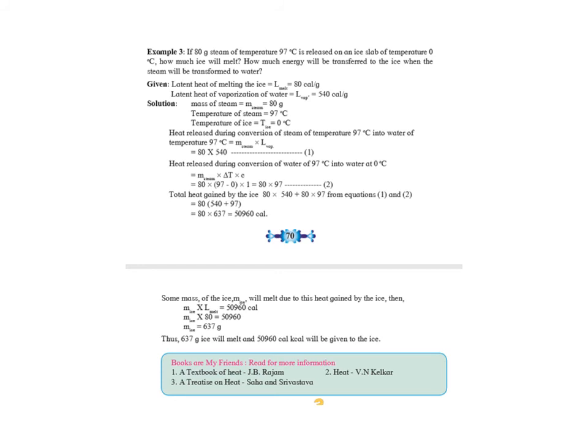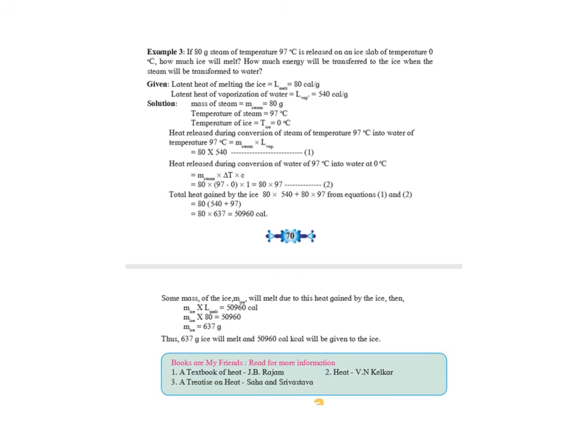Therefore, the total heat gained by the ice will be equal to the heat lost during conversion of steam into water as well as from water at 97 to 0, so the equation becomes 80 into 540 plus 97, combining equations 1 and 2, which is equal to 50960 calorie.